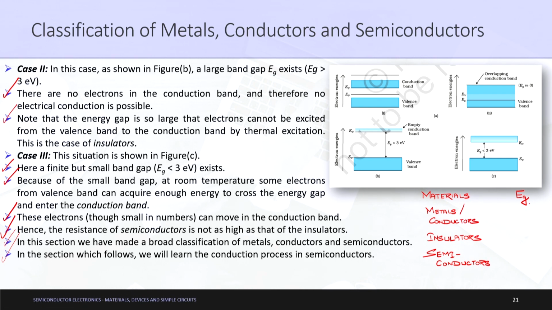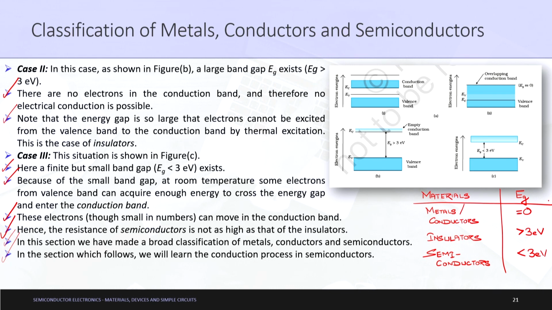Okay. So, if the Eg value is 0, then the material can be classified as a metal or conductor. If it is an insulator, then the value of Eg is greater than 3 electron volts, and if it is a semiconductor, then the value of Eg is less than 3 electron volts. Okay. So, that is the complete conclusion.